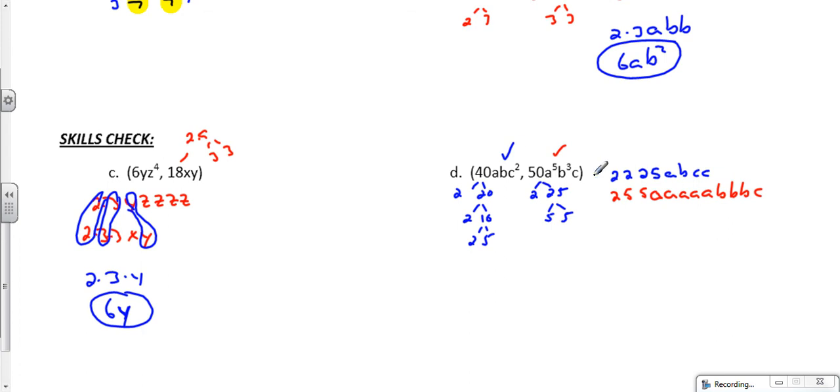What do they have in common? Well, they both have 1 2. That's right here. They both have a 5.